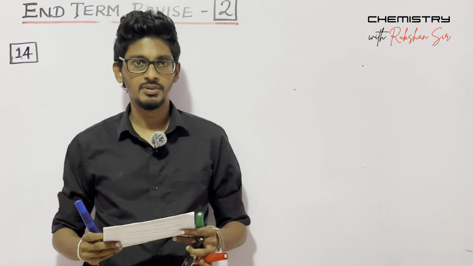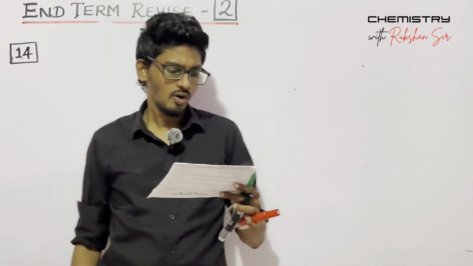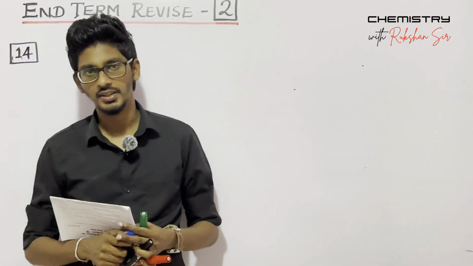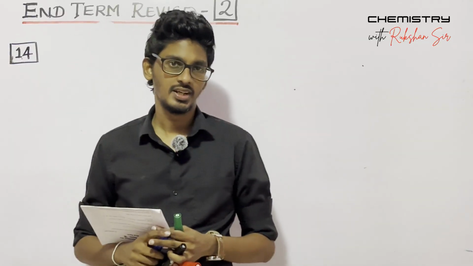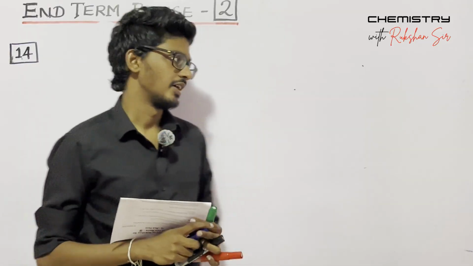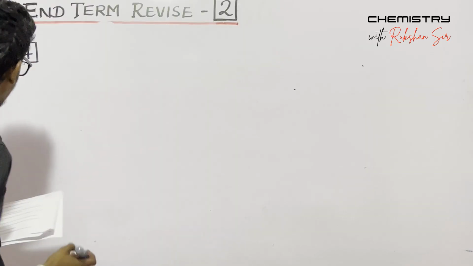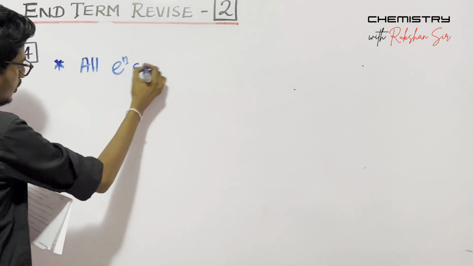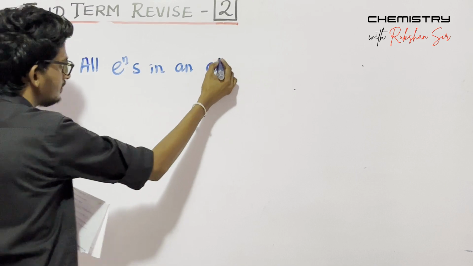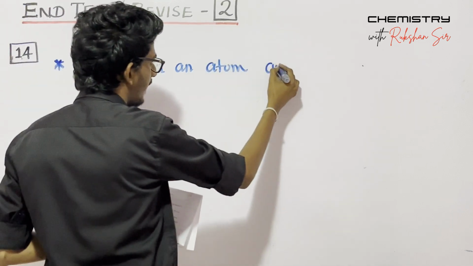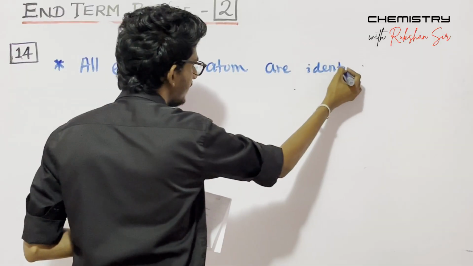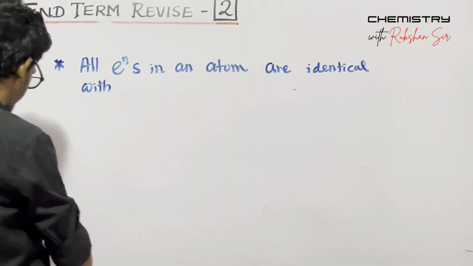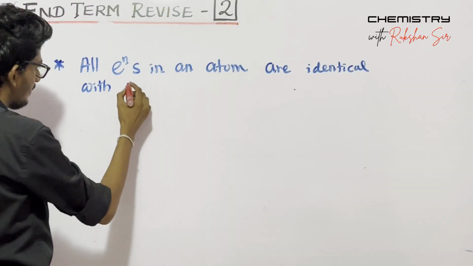Let's discuss statement 14. See, all the electrons in an atom are identical. That is kind of a controversial statement, right? So what we can say is all electrons in an atom are identical with charge and mass.